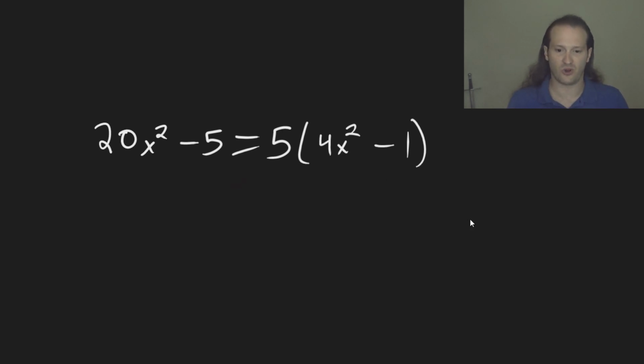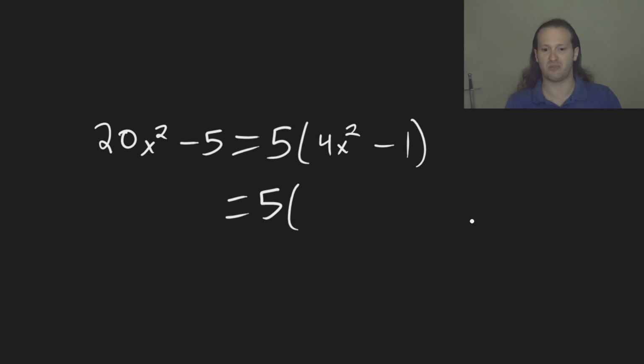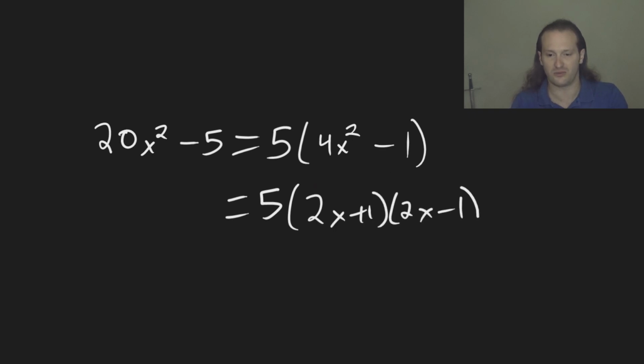So now we keep that 5 off to the side, and we break this down as a difference of squares: 2x plus 1, 2x minus 1.